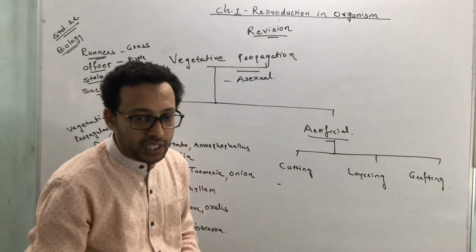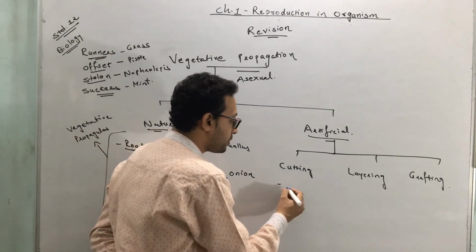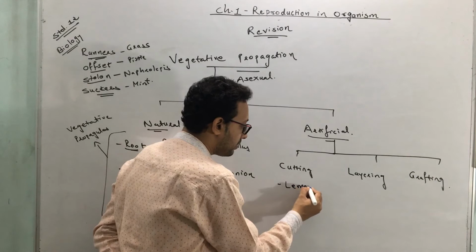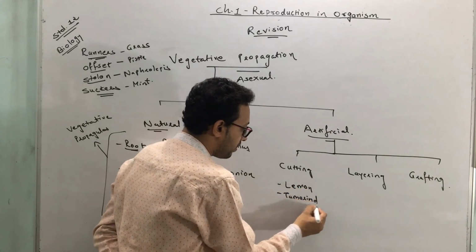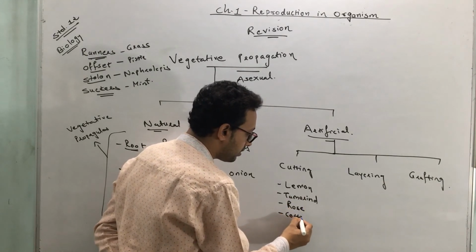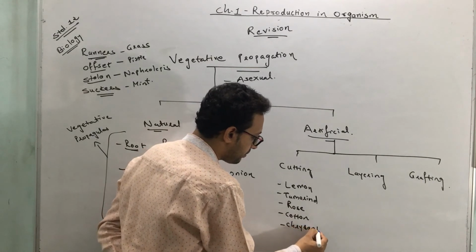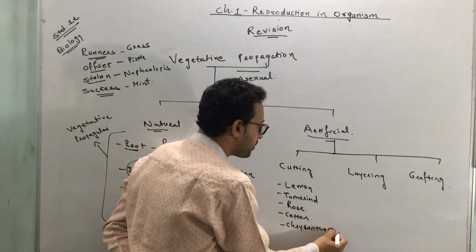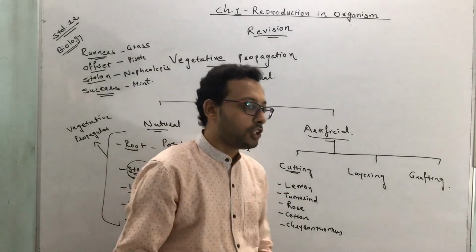A cut part of a root or a cut part of a stem can be utilized. For example, it is observed in lemon, tamarind, rose, cotton, and chrysanthemum. There are many plants which reproduce by the cutting method. Here the cut part is used.